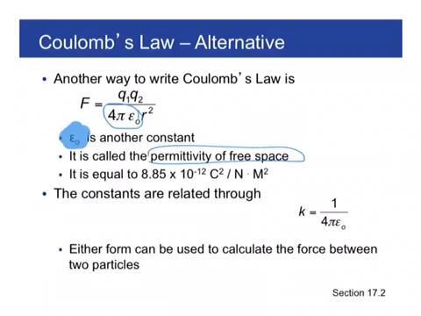You don't need to remember. Just always use k. The relationship is obviously between those two constants. So in this class we just use k. You go to 4 pi epsilon naught when you go to calculus-based physics, because it makes more sense to use epsilon naught there. But for us, k is much easier and simpler.